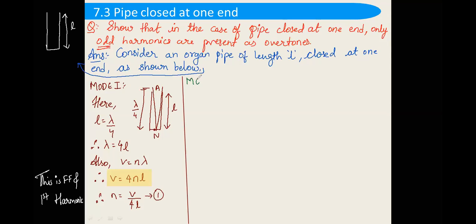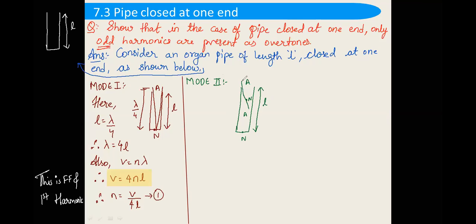Then next is mode 2. So this will be the diagram. The pipe which is closed at one end. The length of the pipe is going to be smaller. Obviously, there will be one antinode at the rarer surface, node at the denser surface. Now, between antinode and node, there will be one node and another antinode like this.